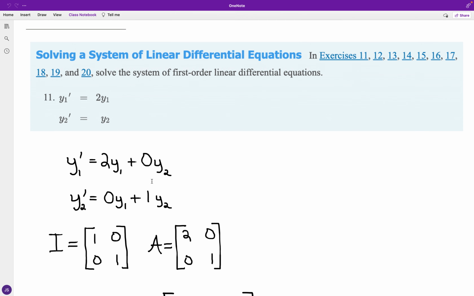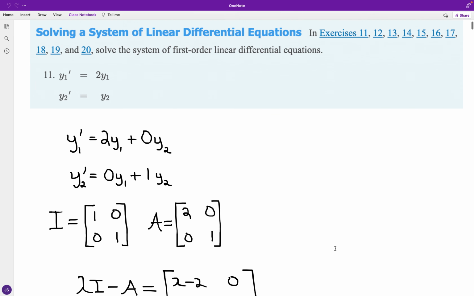For this two equation system, we have the identity matrix in a 2 by 2 array, and likewise the coefficient matrix, which covers y sub 1 and y sub 2, has 2, 0 in the top row and 0, 1 in the bottom row.